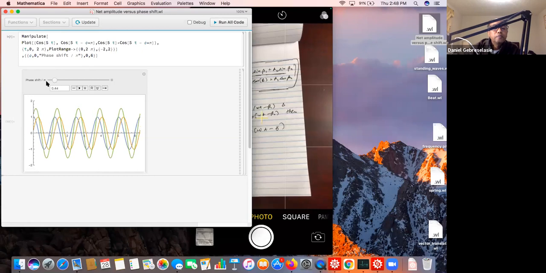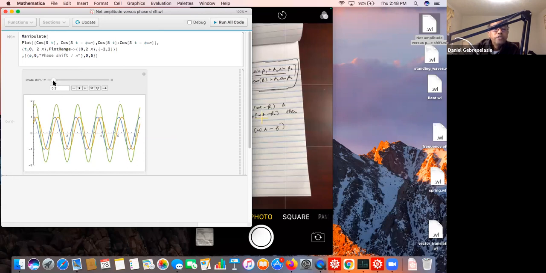Let's start from 0. So you see this is the amplitude when the two waves match. The two waves match when their phase shift is 0 or 2 pi or 4 pi and so on. So let's move it now. Let's increase the phase shift, in terms of pi, okay? So you see, this is a phase shift. The separation between the two peaks is what the phase shift is.